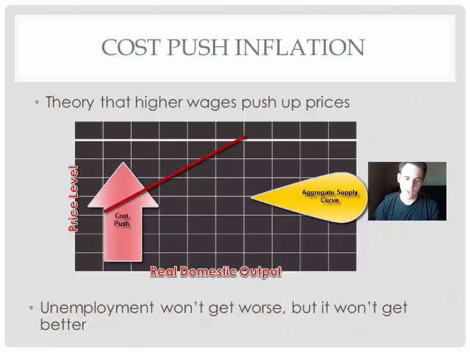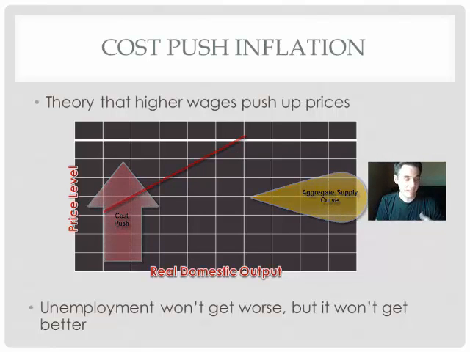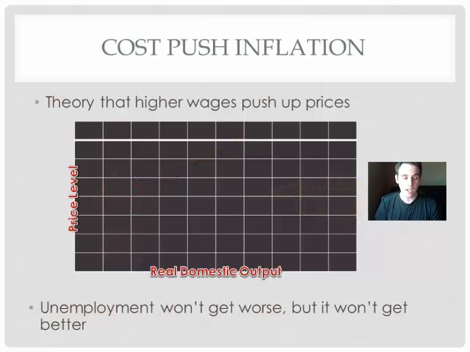Now, in this situation, unemployment generally won't get worse because employers are making more money as prices go up, so they probably won't cut people's jobs just because they're paying them more, because they're also going to charge more. But they're not going to expand their employment base. They're not going to make unemployment get better by hiring more people, because they're afraid of hiring these newer, higher wage positions.